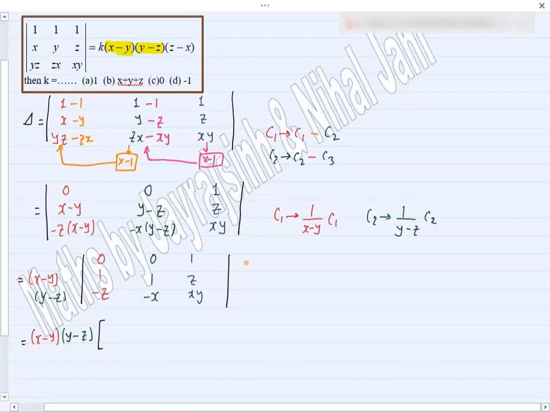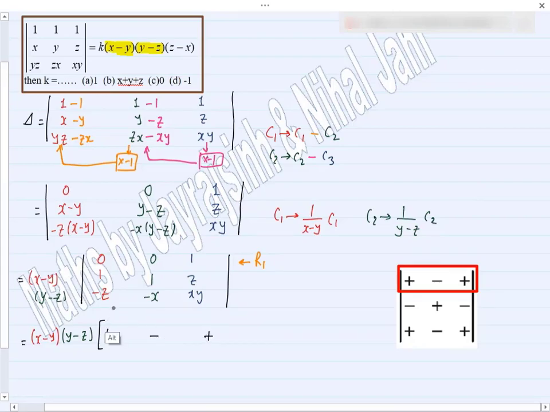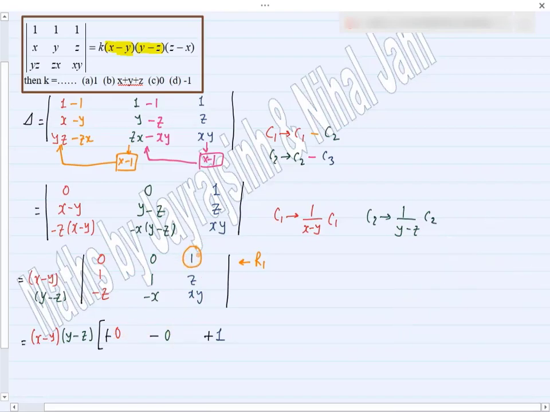We just have to expand the determinant with respect to the first row. So the signs of the first row are plus, minus and plus, and their respective elements are 0, 0 and 1. We don't have to worry about the minors of 0 and 0 because 0 times anything will be 0. Let's find the minor of 1 by ignoring the first row and third column.